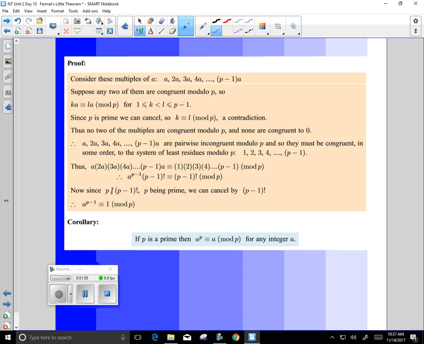And here's the proof right here using multiples. They took multiples of A all the way to P minus 1, and they did some multiples of the values of A, mod P, and they checked those, and they found by contradiction, P is a prime, we can cancel, so K is equal to that, which is a contradiction.